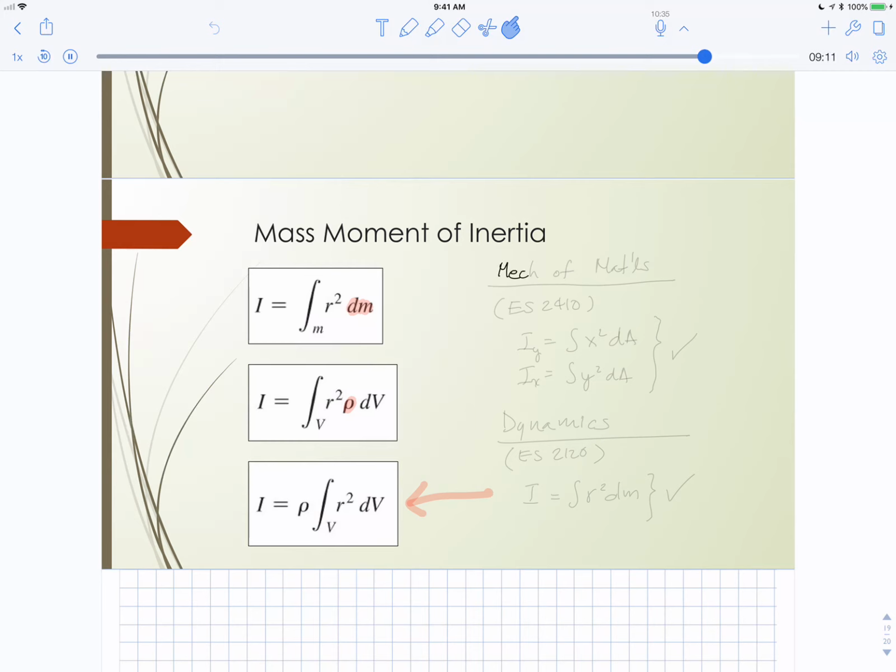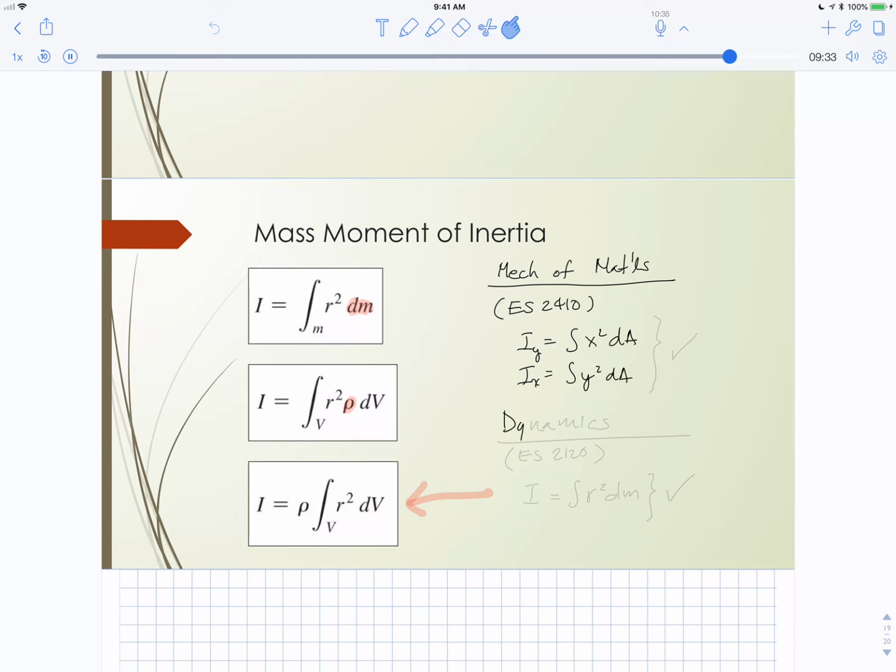What I want to emphasize is this. For mechanics of materials, ES 2410, you are going to use this one, x squared dA and y squared dA.